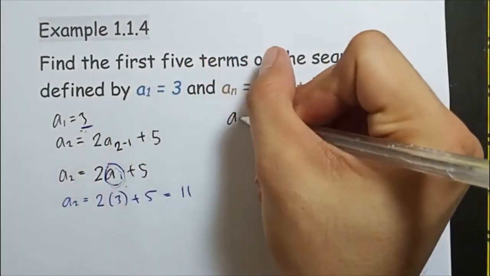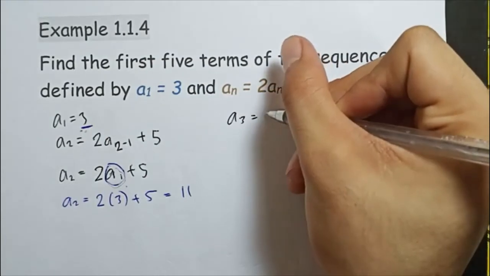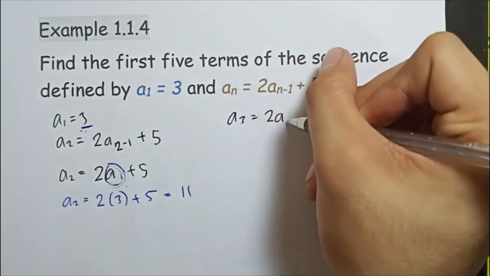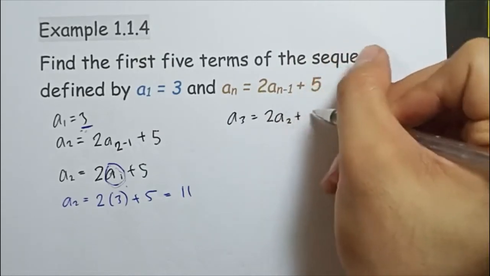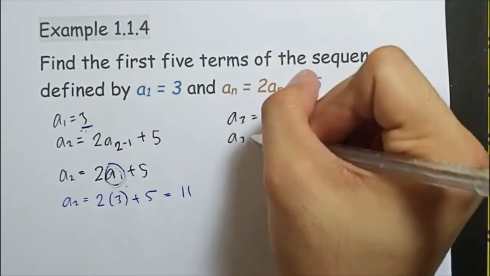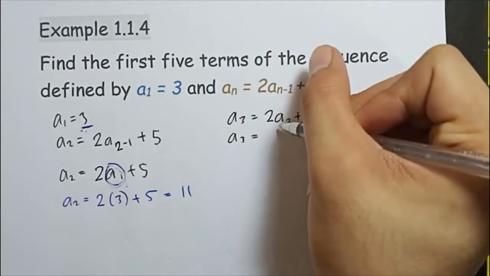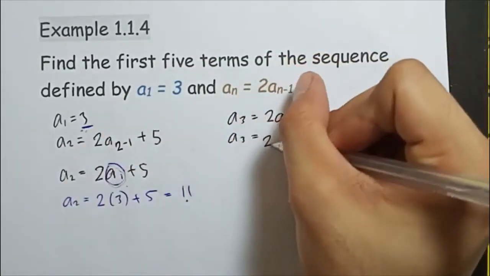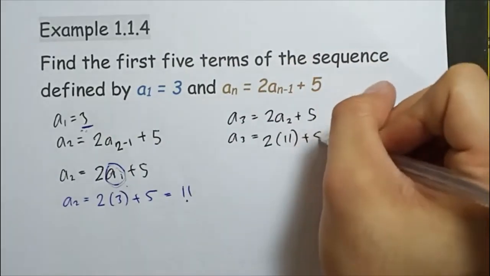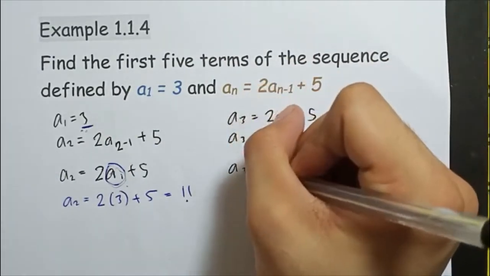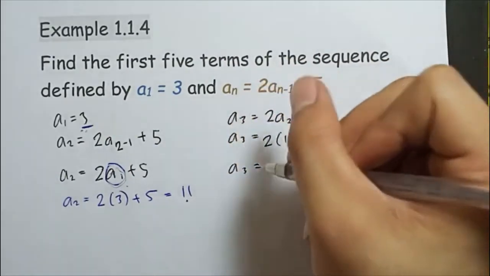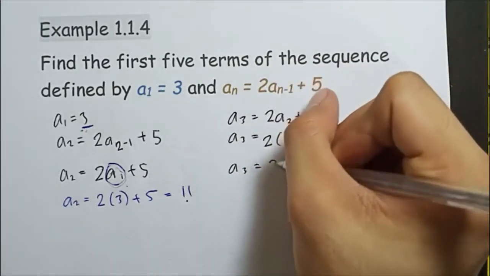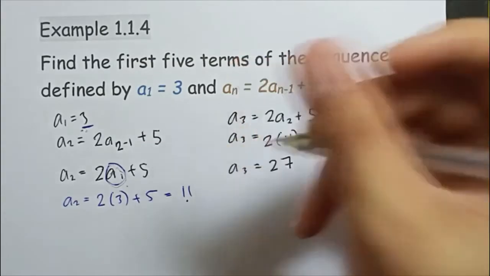Then, A sub 3, magiging 2 A sub 3 minus 1 which is 2, plus 5. Ano ba yung A sub 2 natin? A sub 2 natin is 11. Kaya 2 times 11 plus 5. Then 2 times 11 is 22 plus 5, magiging 27.